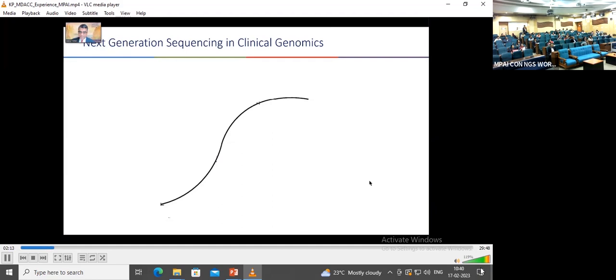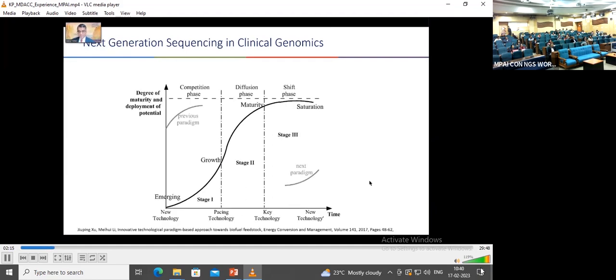So if you expand, this is what a typical technology curve looks like. When a new technology emerges, there is an emerging phase, then it goes through what we call a growth phase, a maturity phase, and then saturation. Because this is a cycle, it gives way to a new paradigm, a new technology, and that technology goes through the same phases again. Just as the new technology has replaced a previous paradigm, something new will replace that.